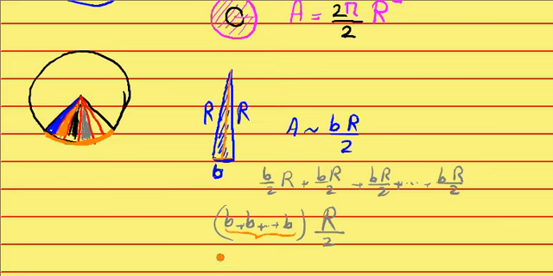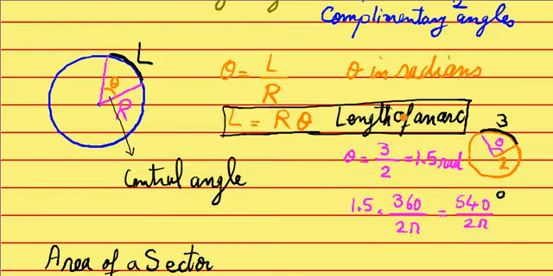When I add them, this is just the length of the arc. Well, what is the length of the arc? We just had the formula here. Length of the arc is r times theta.